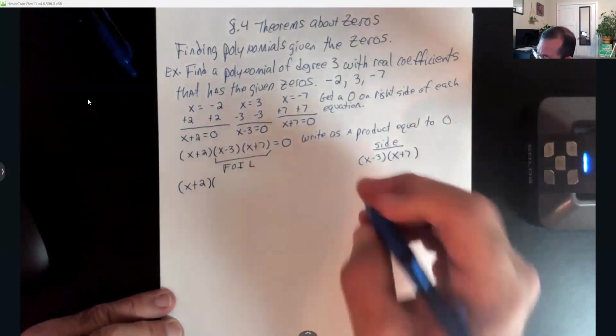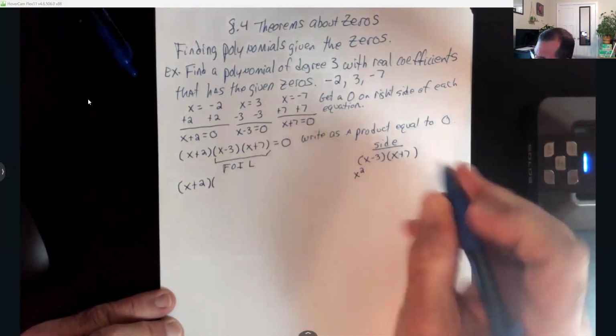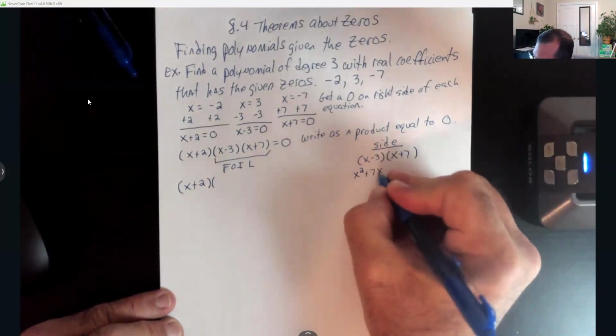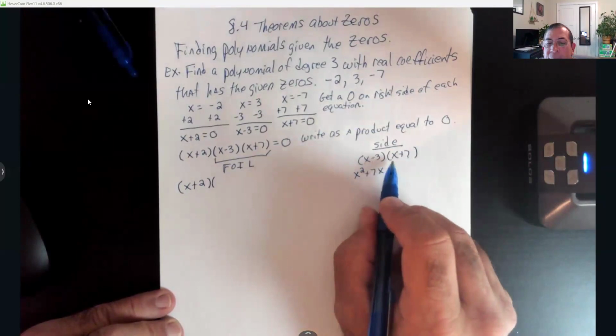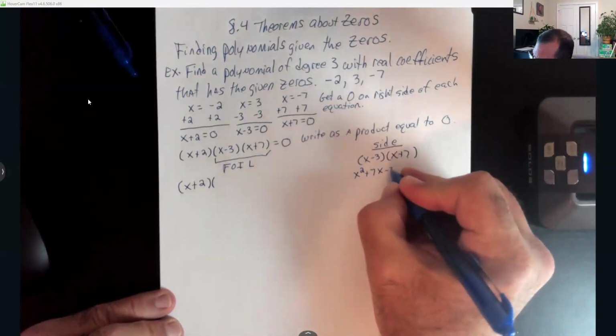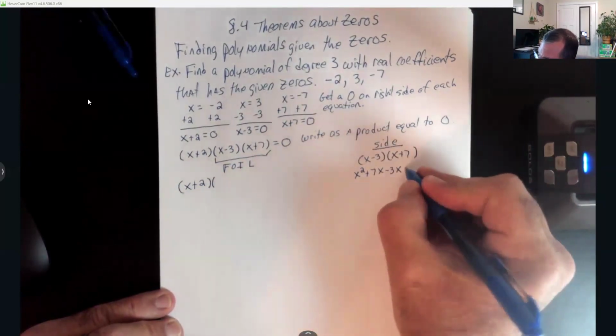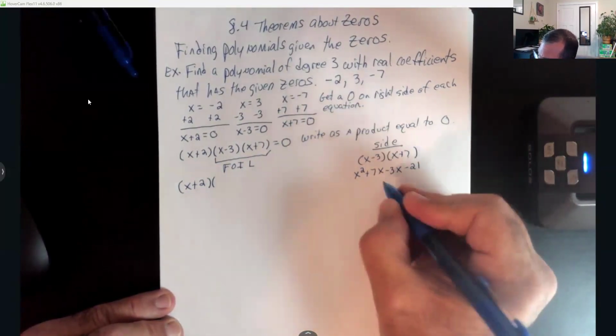X times x is x squared. X times 7 is 7x. Negative 3 times x is negative 3x. Negative 3 times 7 is negative 21.